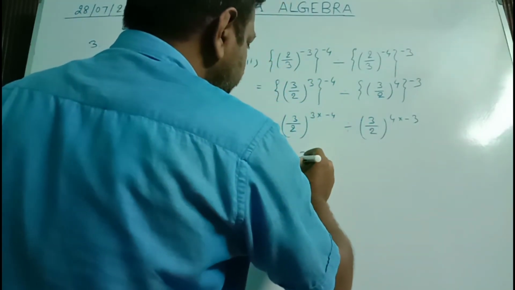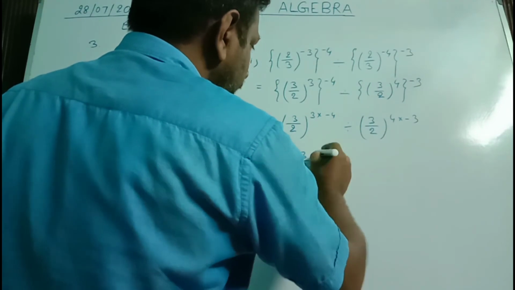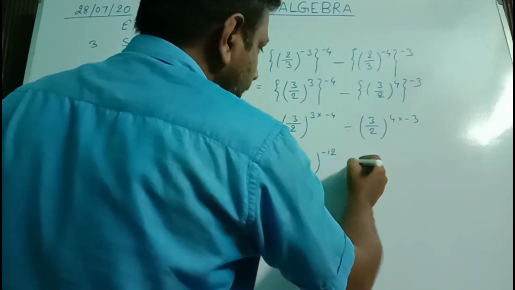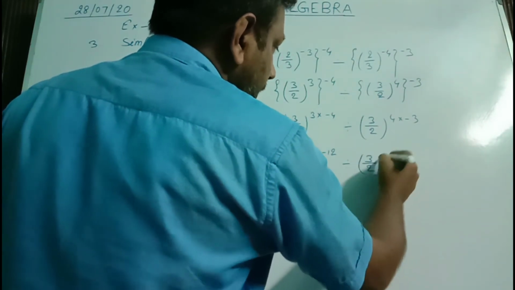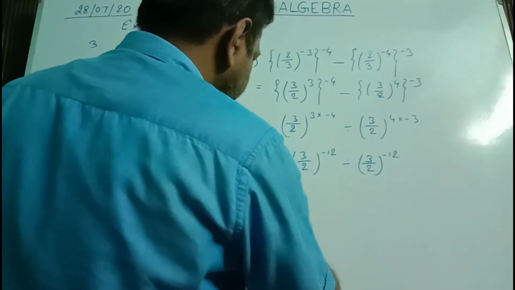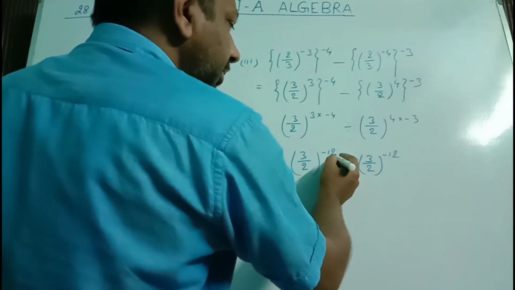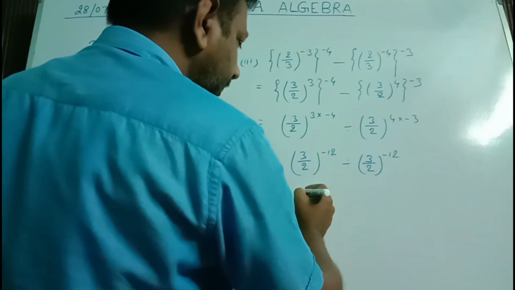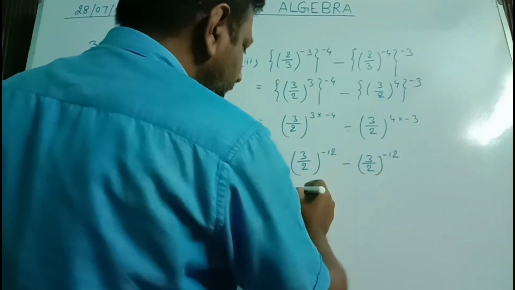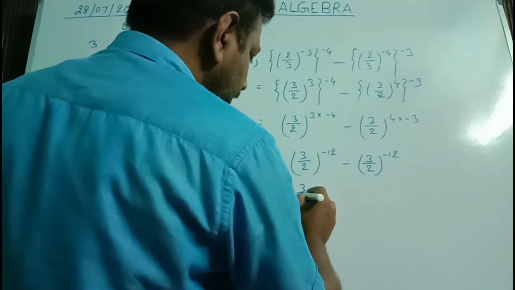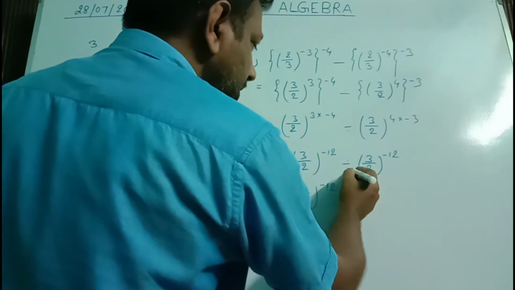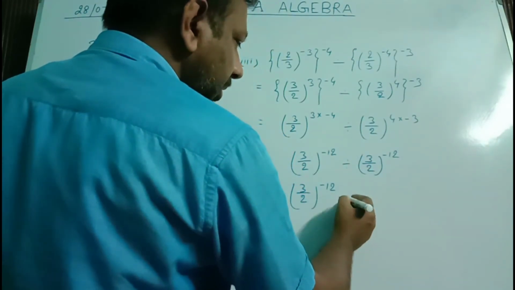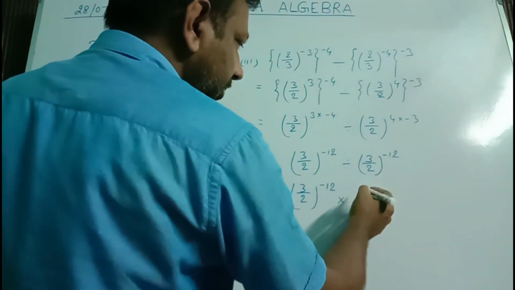So here we are getting 3 by 2 to the power minus 12 divided by 3 by 2 to the power minus 12. So if we change this negative index into the positive index, or let it remain, no problem. 3 by 2 to the power minus 12, you will change this symbol of division to the symbol of multiplication, then write the reciprocal of this.